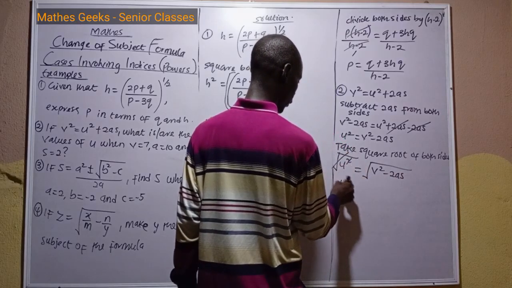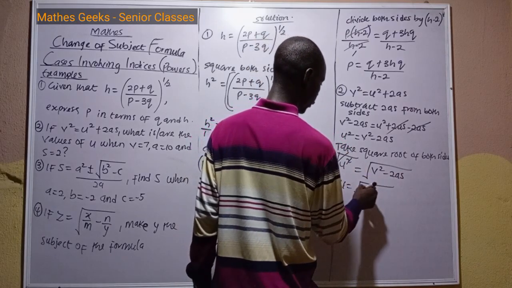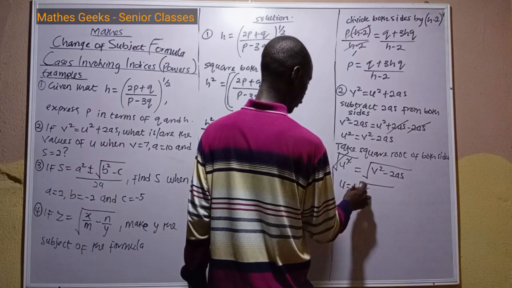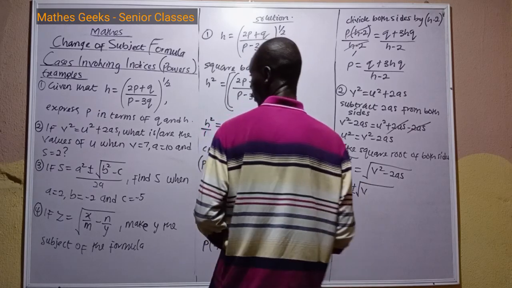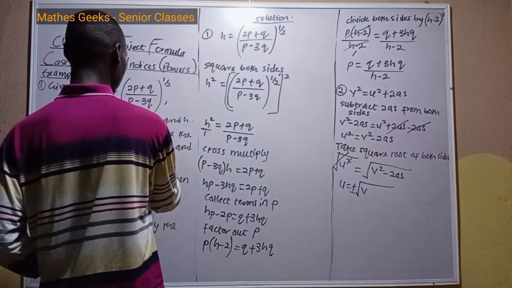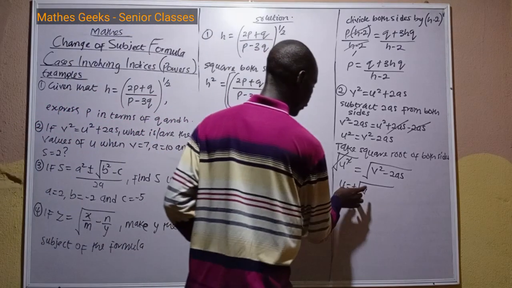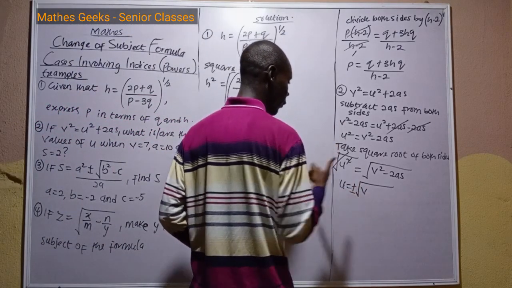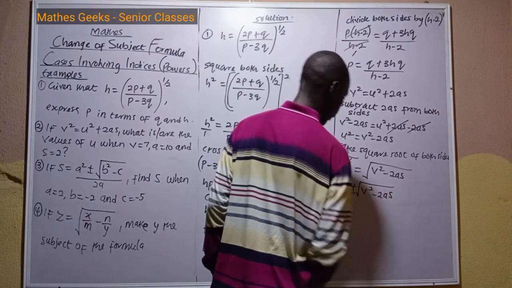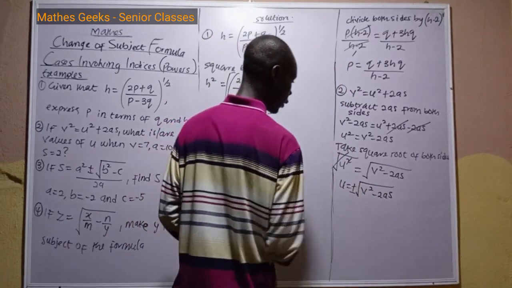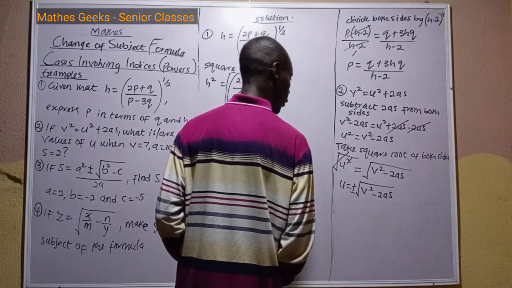So u is equal to plus or minus the square root, because the question says what is or are. It's only when we have positive and negative that we're going to have two values. Square root of v squared minus 2as. So this is u being the subject of the relation.